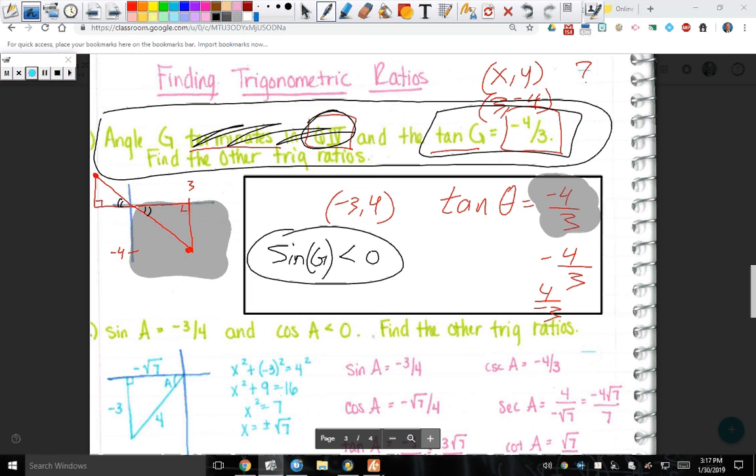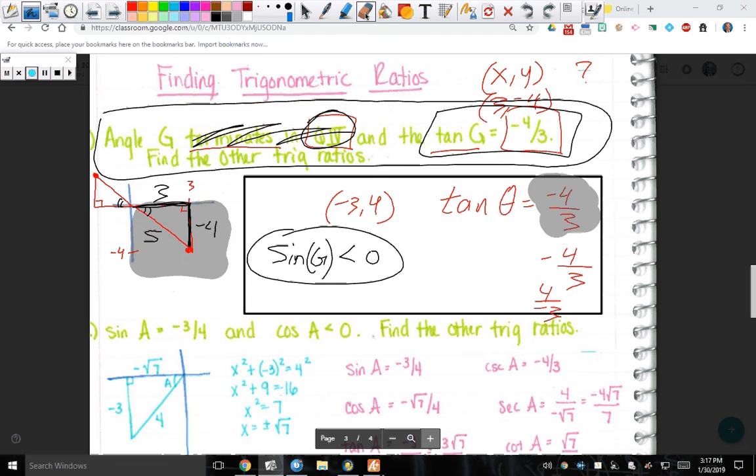So, y is going to be what? Right here. What's this? Negative 4. X is going to be 3. And what's my hypotenuse? 5, because it's a 3, 4, 5 right triangle. Now let's go ahead and figure out the sines, cosines, and tangents, and so on and so forth.